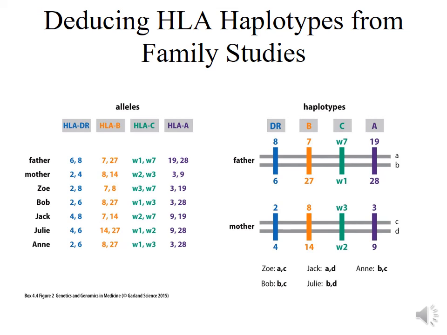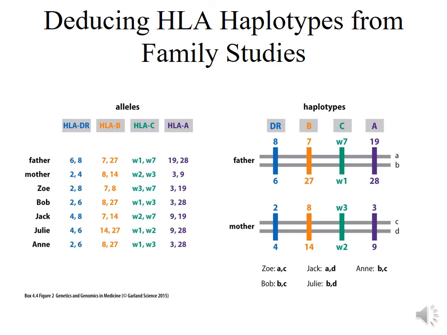Father, mother, and their 3 daughters, Zoe, Julie, and Anna, and 2 sons, Bob and Jack, have been tissue typed using serological reagents for 4 HLA antigens, as is shown at the left. By tracking which parental alleles have been passed on to individual children, it is possible to deduce the parental HLA haplotypes.